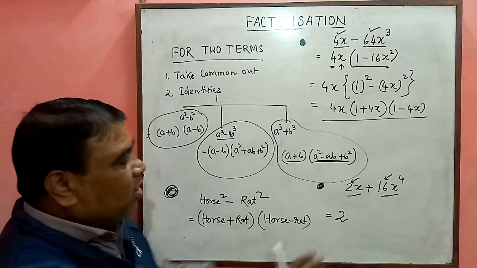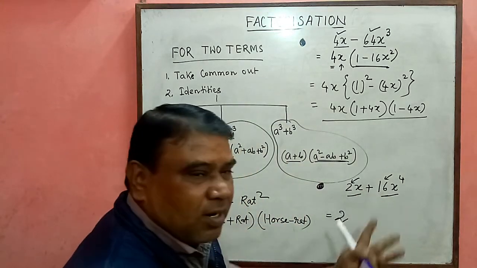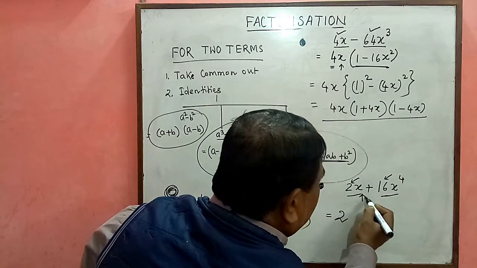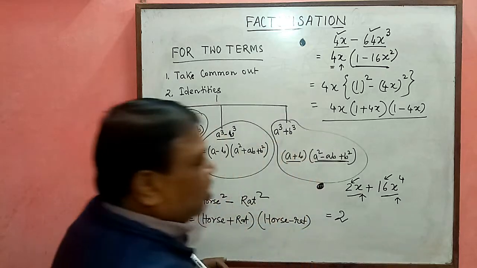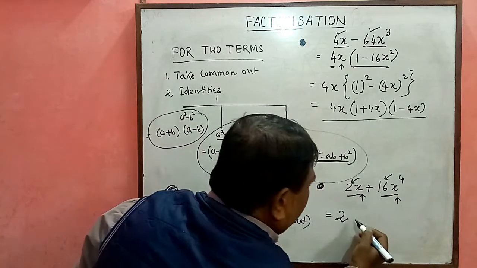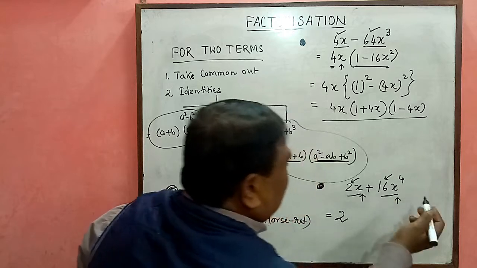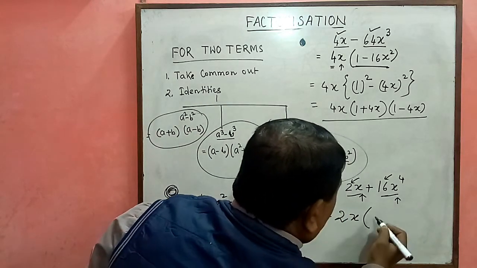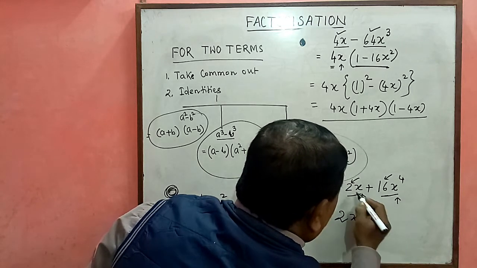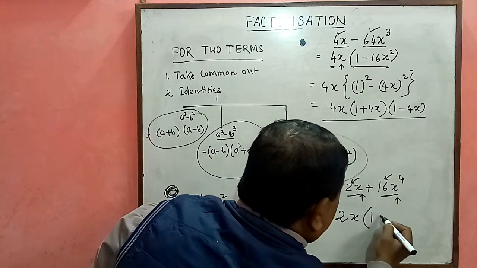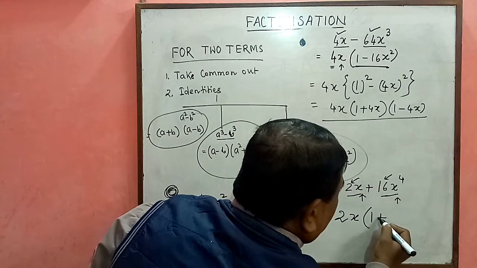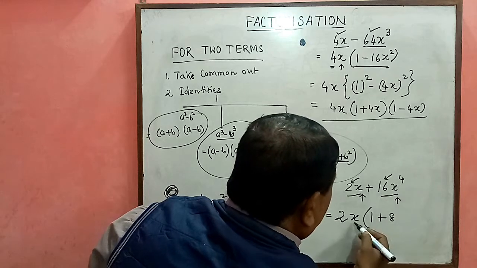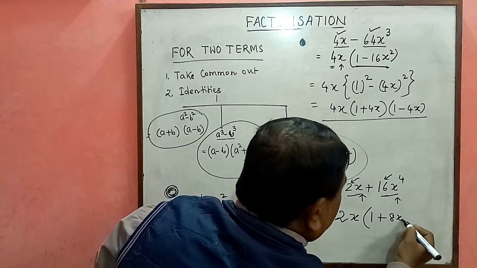Again here x is there and here x to the power 4, so both are divisible by x. So take x out. Now put a bracket. It is again 1 plus, and now 16 divided by 2 is 8, x to the power 4 divided by x is x cube.